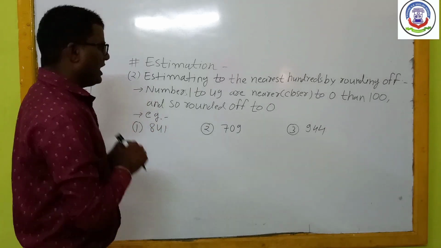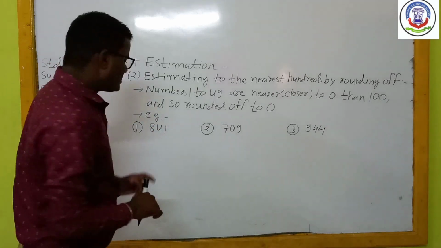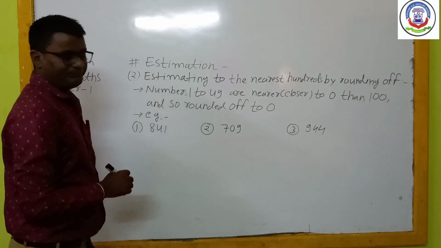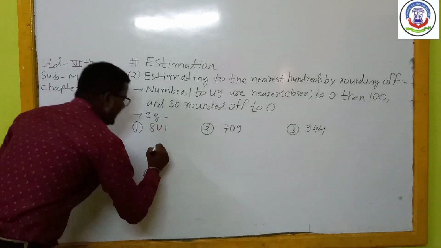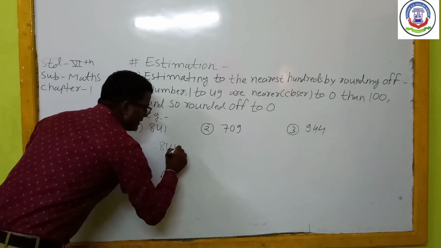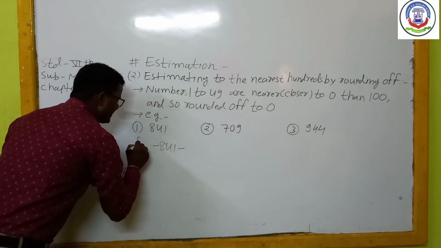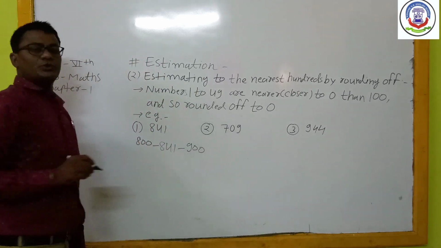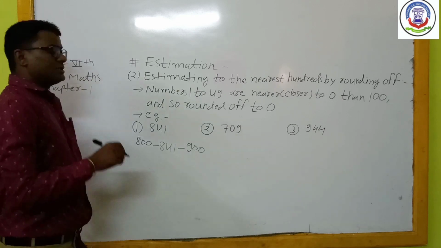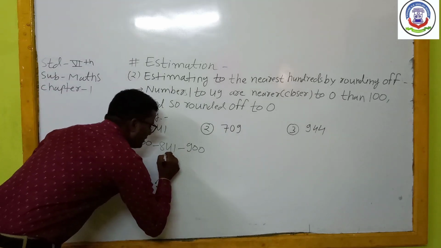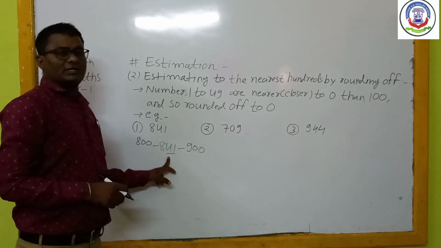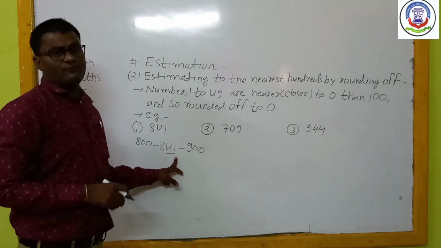Okay students, now let's see some examples. Here, first example: 841. You know that 841 lies between 800 and 900. Now see these two digits at ones and tens place, that is 41.